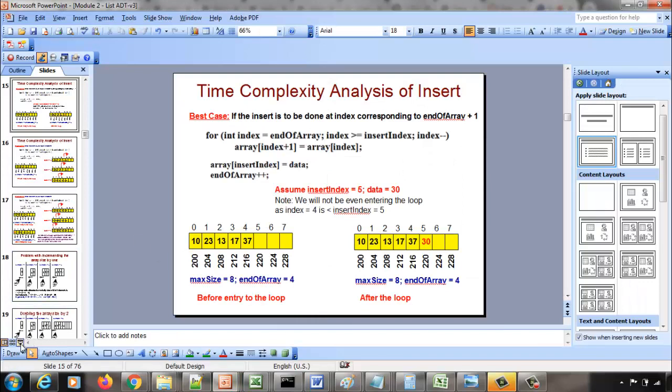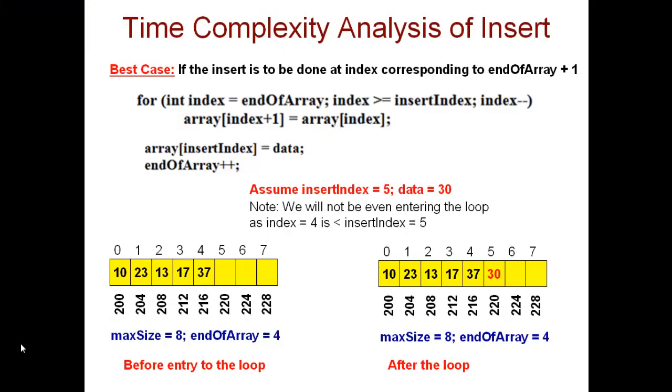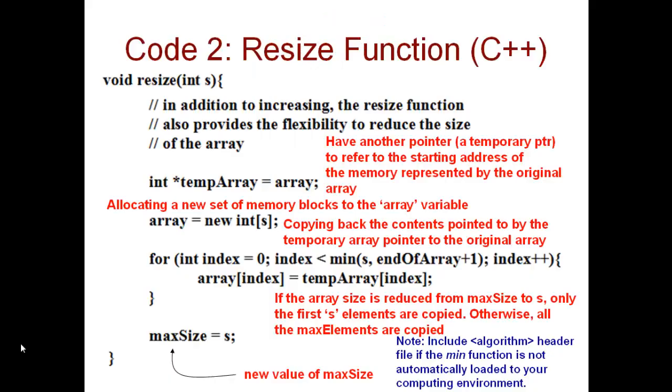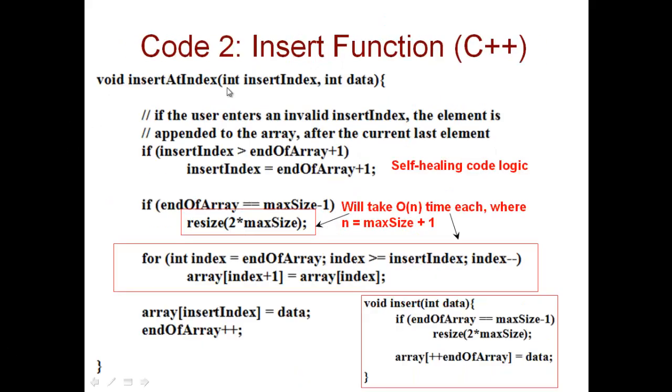Alright, so now let us focus on the time complexity of this insert operation. For time complexity, we typically find out the best case and worst case and see if they are the same, and then decide what notation we use. The best case: as we just went through the whole process, in this insert at index function, these two checks cannot be avoided.